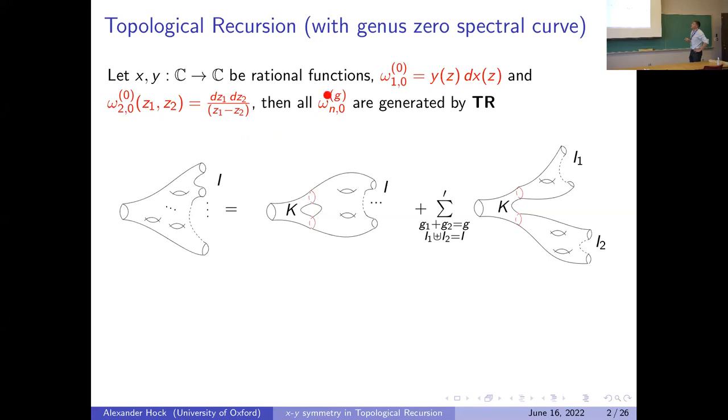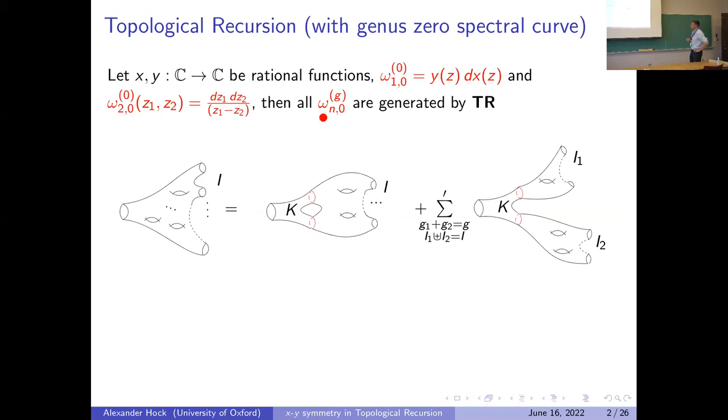And then I say that all omega g, n, 0, which we know from TR, are just given by topological recursion. So this is a picture of topological recursion. I will not write down the formula of topological recursion because I don't need it. But the idea is essentially that you have your omega g, n, 0, as I call it. It's given here on the left-hand side, which is given by some kind of kernel, which cuts out a pair of pants.